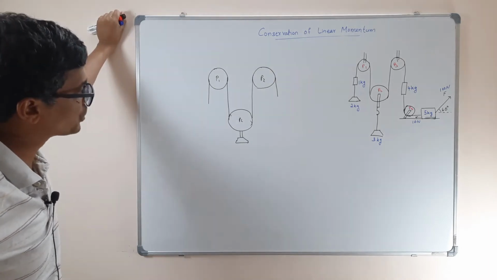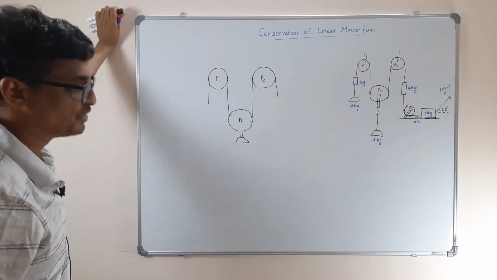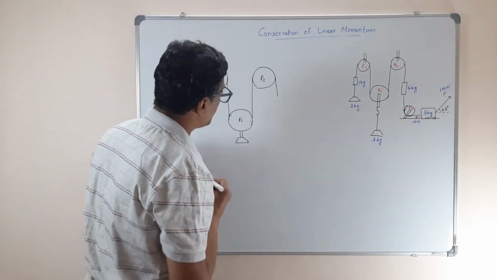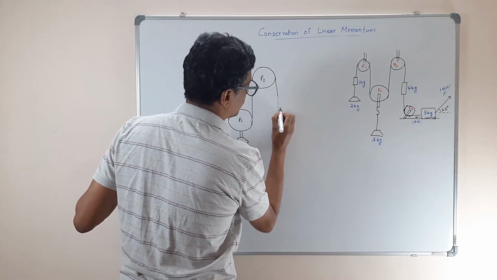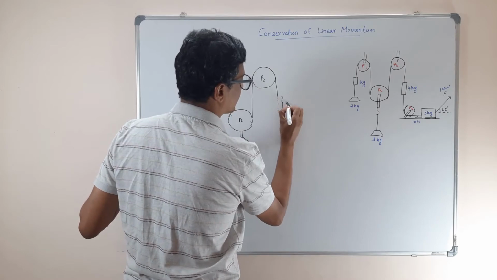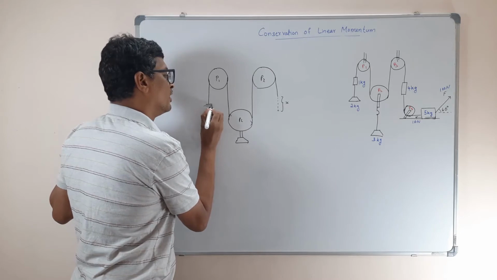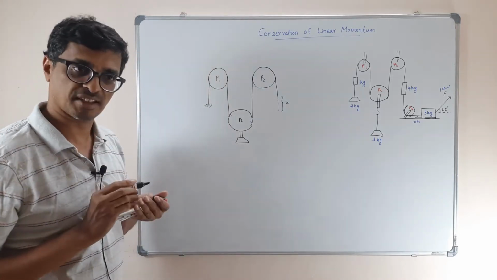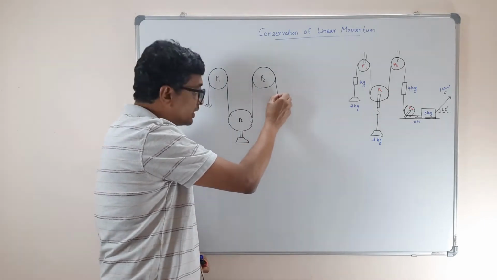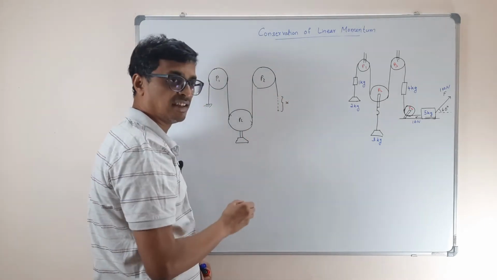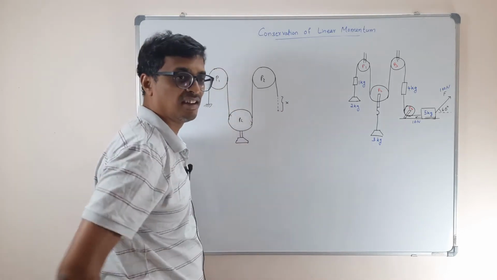Now I am asking you a question. If I pull the pulley by some distance, I am going to pull it from here to here, by a distance x. Let us say this side is fixed, for example. What am I doing? I am pulling this rope, the string, by a distance x. Can you tell me how much this is going to move up?